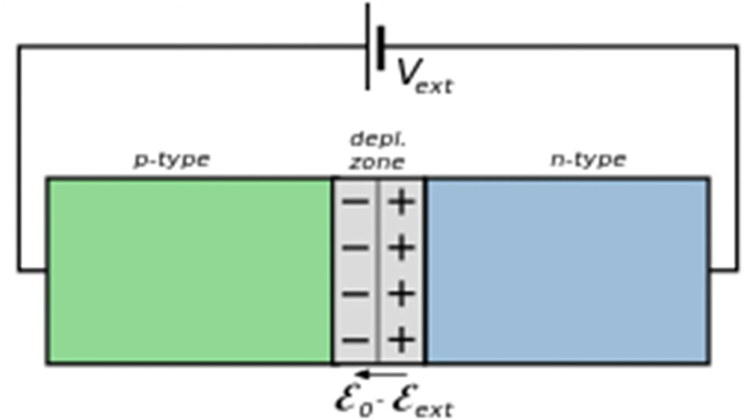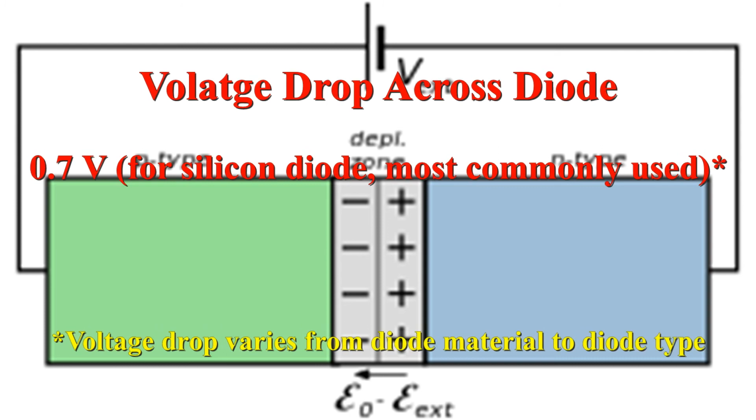As a result, this allows current to flow, and there is a voltage drop across the diode of approximately 0.7 volts, which is also the minimum voltage required for current to flow.